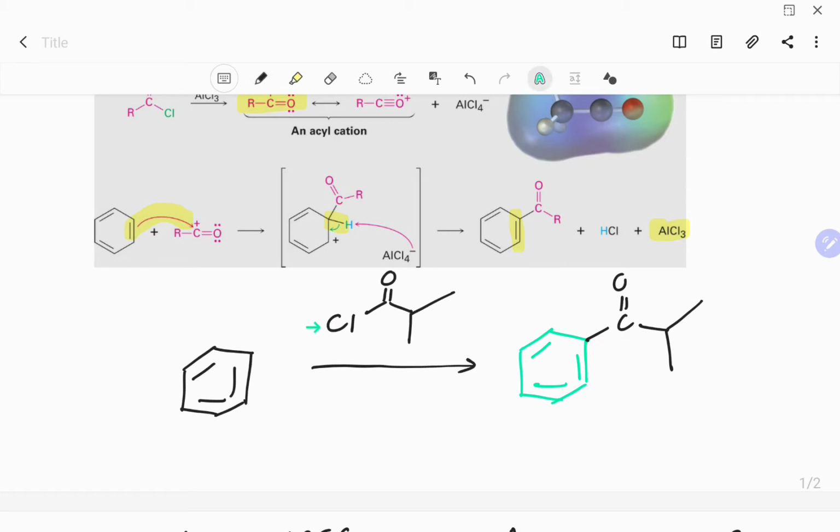So instead of benzene, put a chlorine in there, and you will also need aluminium chloride and heat. This will get you your desired acylated benzene.